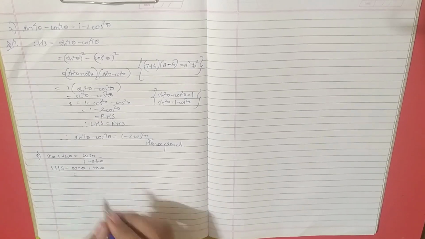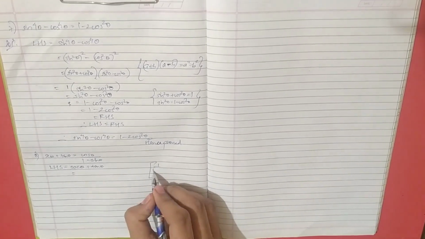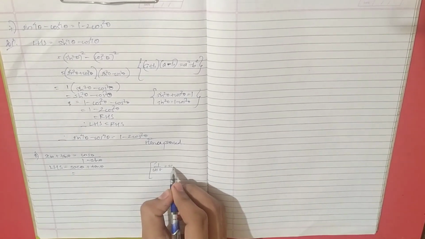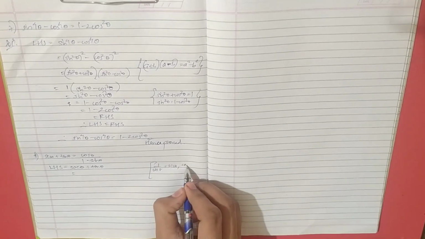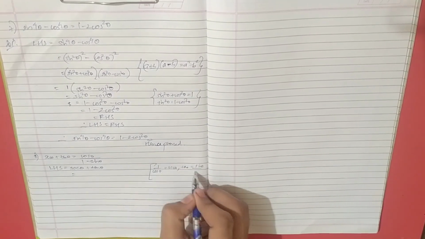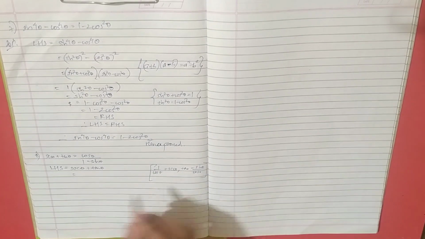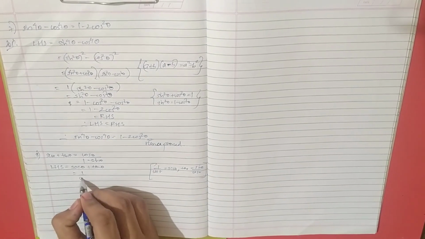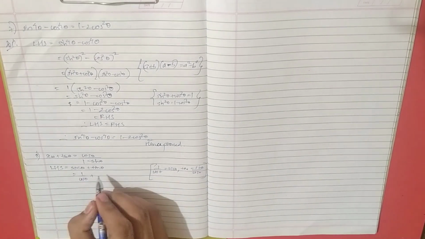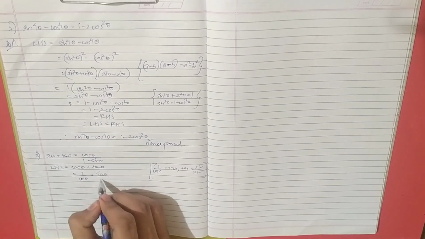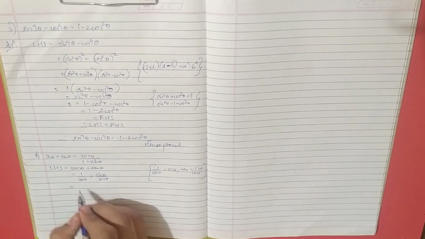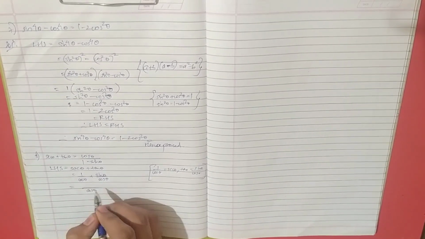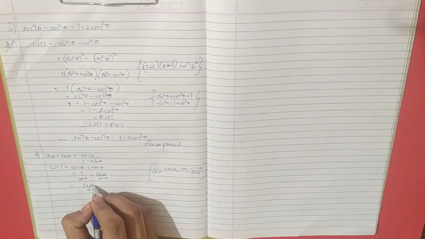Now we know that 1 upon cos theta is sec theta, and tan theta is sin theta upon cos theta. So this will be 1 upon cos theta plus sin theta upon cos theta. So the denominator is cos theta, and this will be 1 plus sin theta.